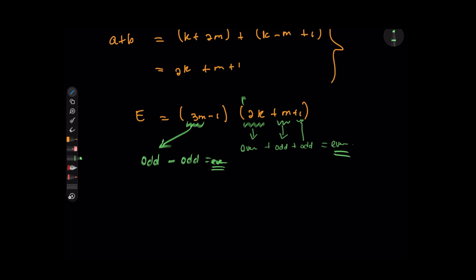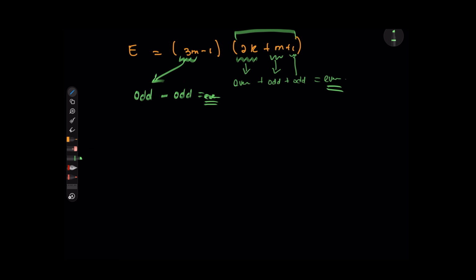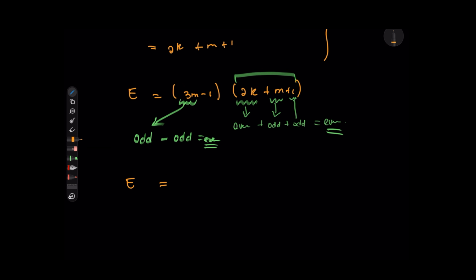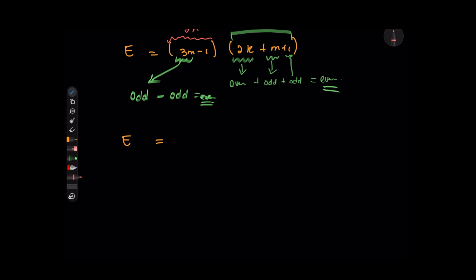Similarly for this part here. So now, I'm going to call 3m minus 1 something else. So let's get another color. I'm going to call this something like 2 by A and maybe 2 by B, right? And this is multiplied here.